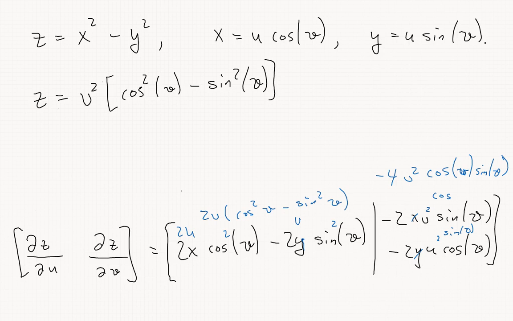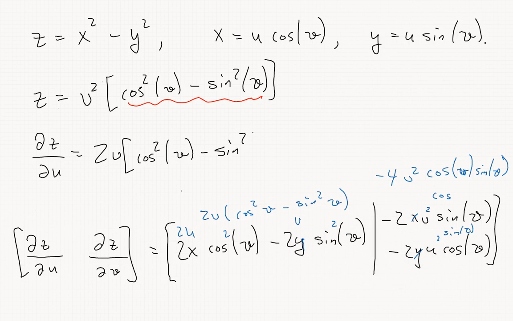And now del z by del u, well, this part is a constant in terms of u, so we're just going to get the derivative of u squared, which is 2u, and then times this, cos squared v minus sine squared v, as we already got.